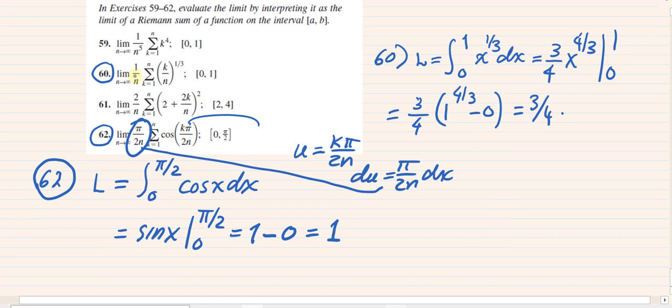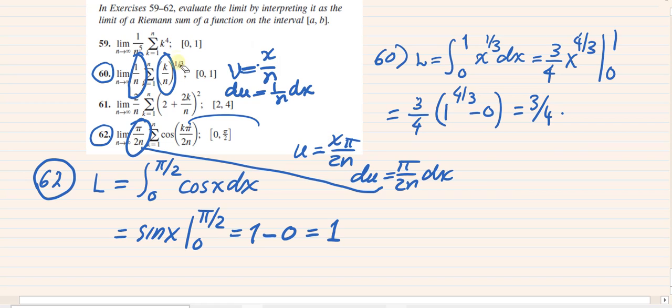Let's see, and the same thing I did here up front works for this. If you let u be k over n, then your du is 1 over n and then dx, right? Or actually, in terms of the integral, k becomes x. And this one too, k becomes x.